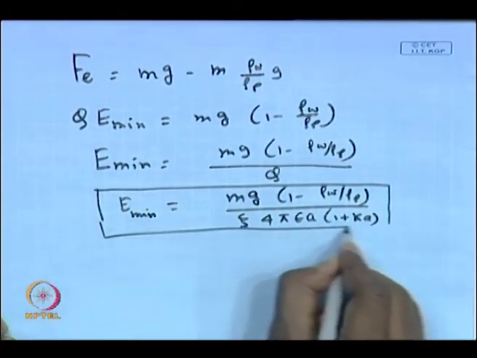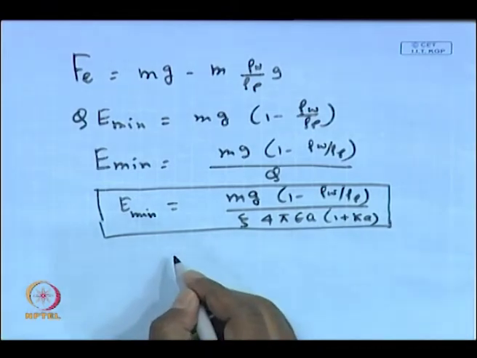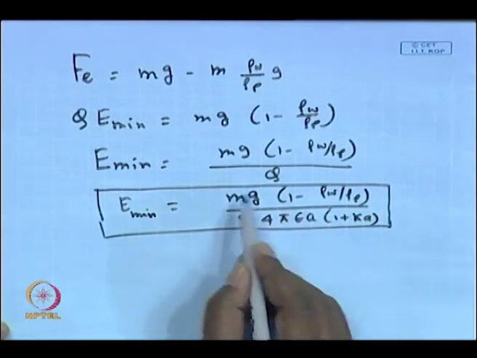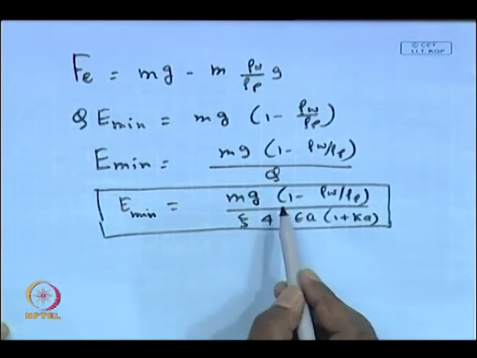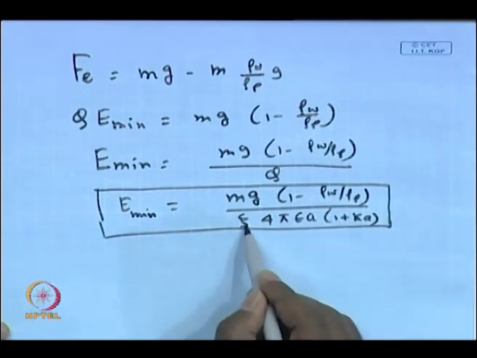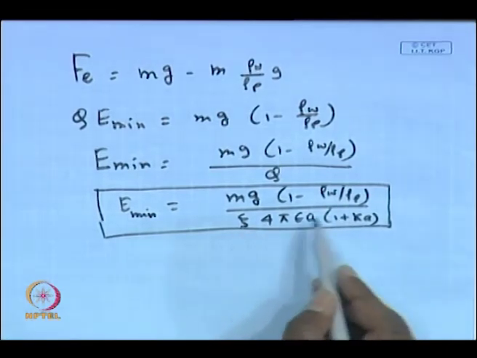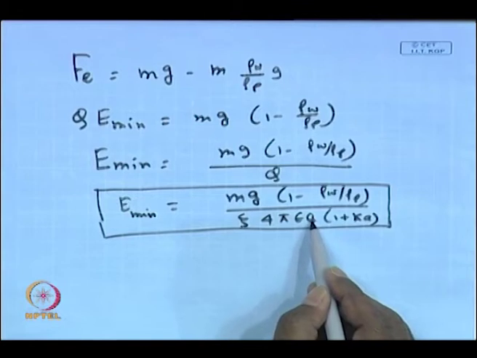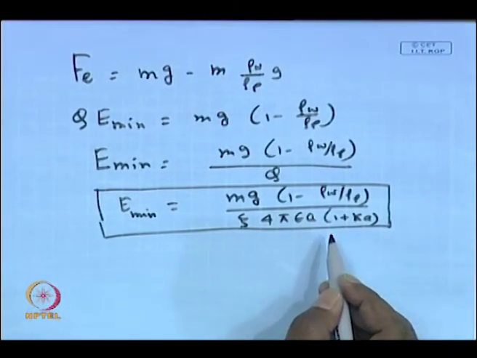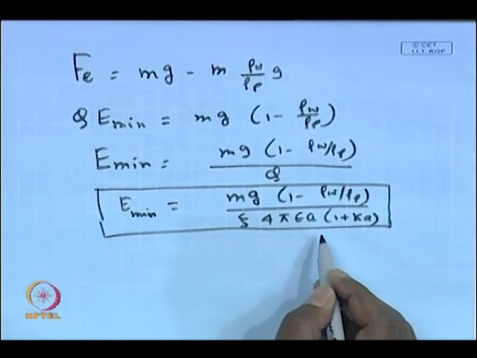This is the expression of minimum field strength that is required to set the particle in motion. On the right hand side, mass is known, g is the acceleration due to gravity, rho w and rho p are all known. Zeta is known because it is a measured quantity, a is the particle diameter and is known, and kappa you can calculate simply because the nature of the electrolyte and electrolyte concentration is given.